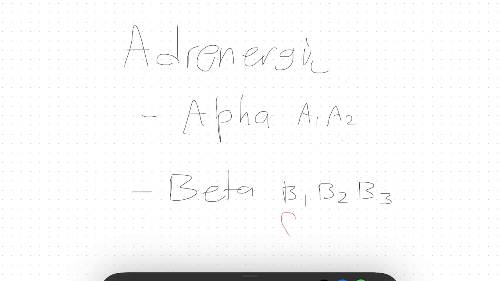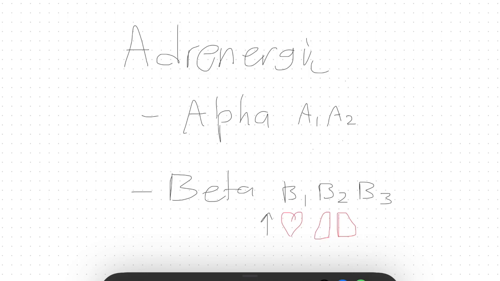The next subtype are beta receptors. So beta receptors, we have beta 1, beta 2, and beta 3. Beta 1 receptors are primarily located in the heart and increase the heart rate and its contraction strength.